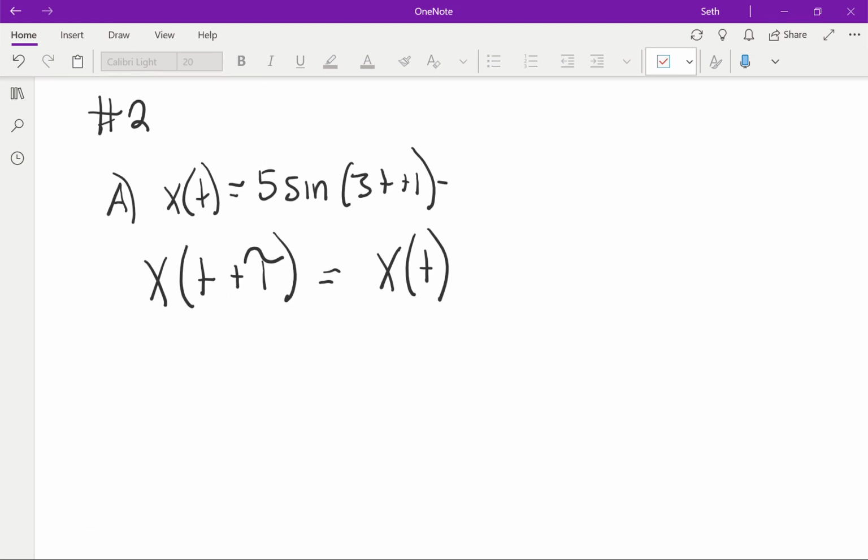So for our specific function, x of t equals 5 sine 3t plus 1, we need to test this, so let's jump right in.